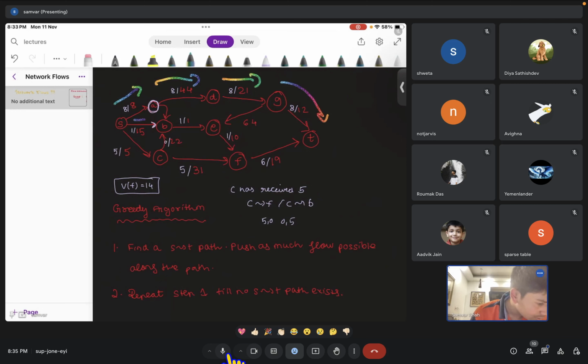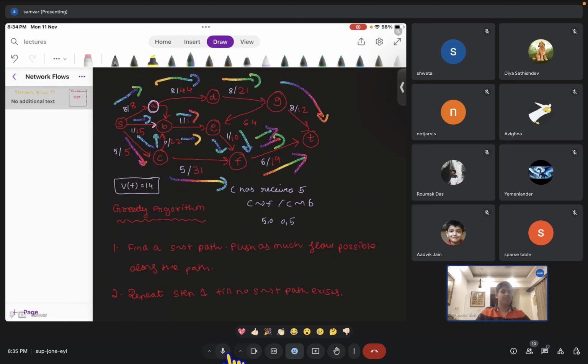Then we found another S to T path and pushed as much flow as possible, and repeated. Did the greedy algorithm make sense? And do you see why it's greedy? Because you're just trying to maximize the amount of flow you push every single time.